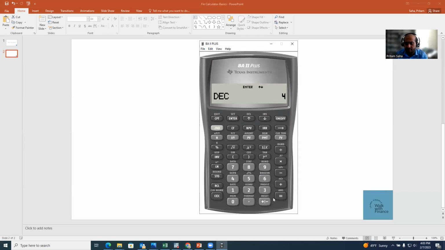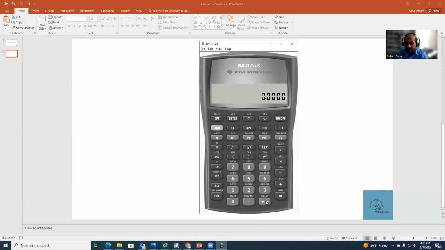Hit 4 and enter. That's it. Now everything is raised to 4 decimals. So I repeat, hit second, hit formatting, then the decimal places you want, 4 or 6, and enter. This is really cool stuff if you want to raise your decimal places.